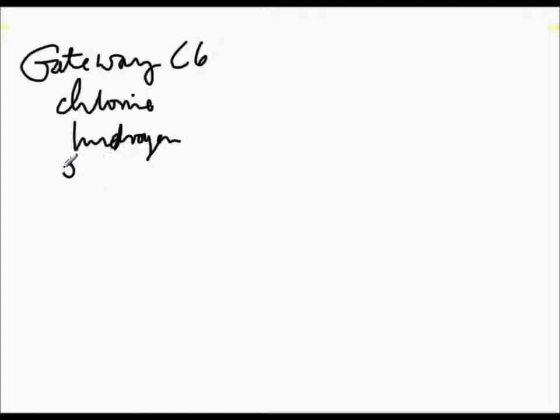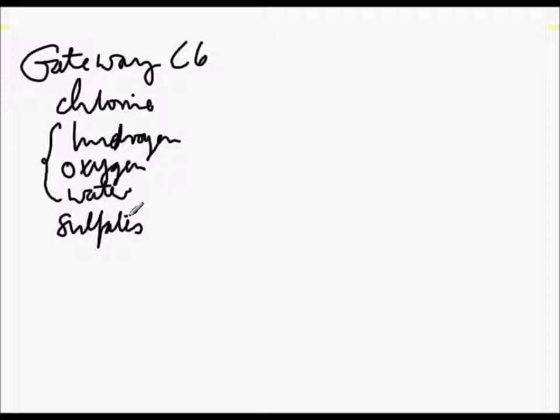Chlorine, hydrogen, oxygen, and water in particular are interesting because obviously when we're talking about fuel cells in a minute, those three are what provides the power. And then you've got sulfates. Sulfates are ions, sulfate ions, and they don't turn up on their own.